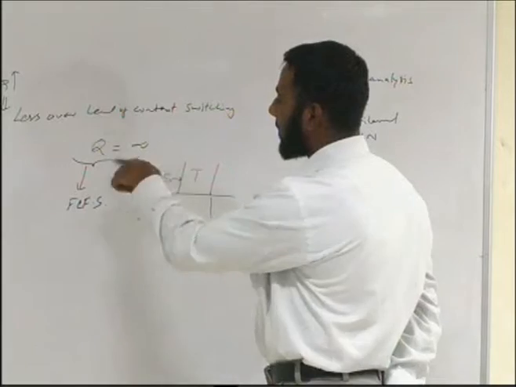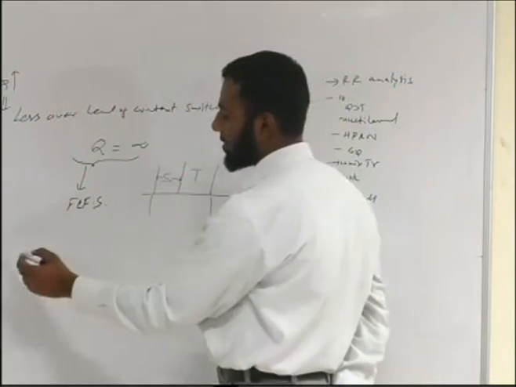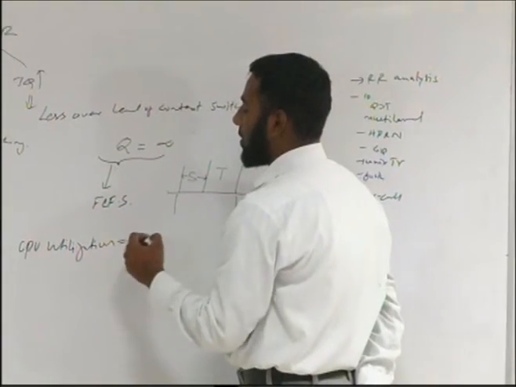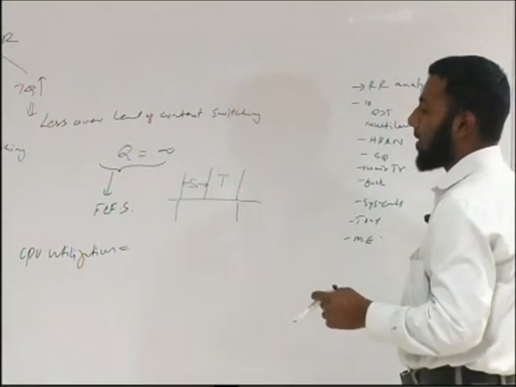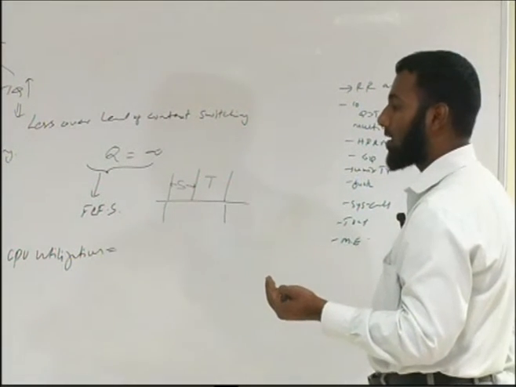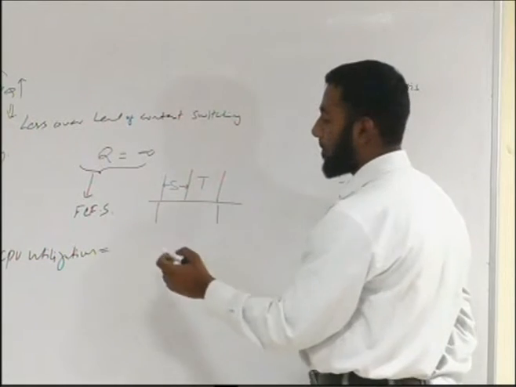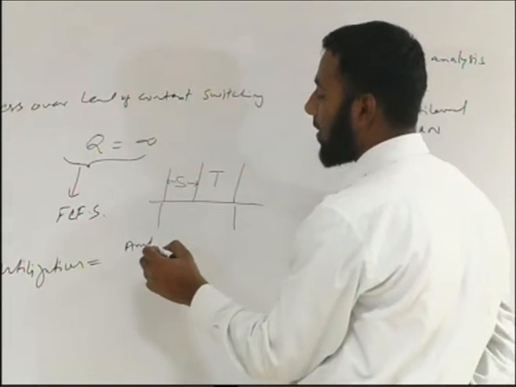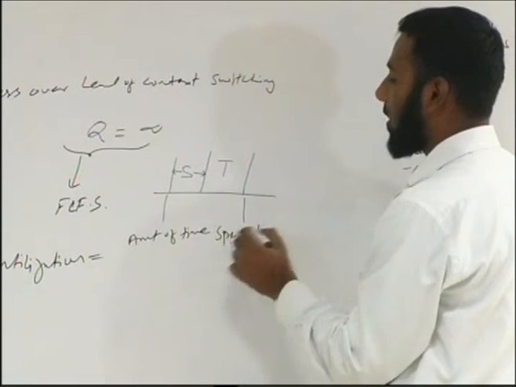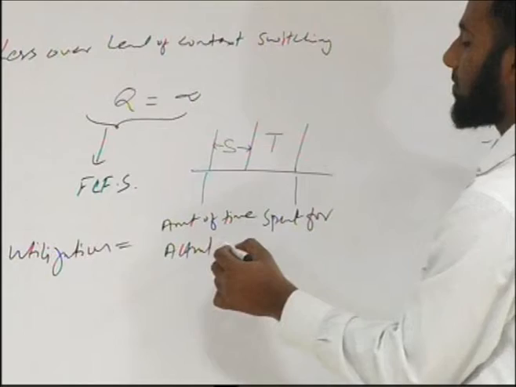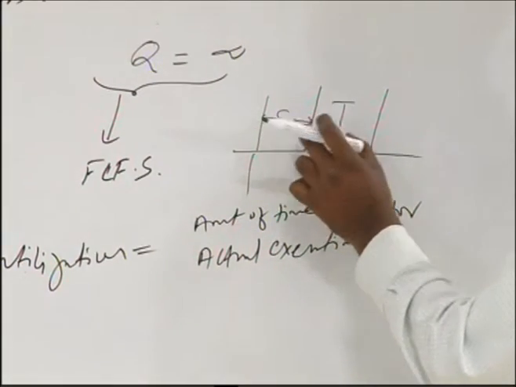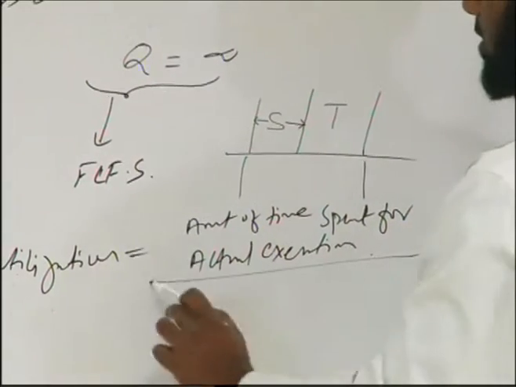Now, here we will find out for different values of q what the CPU utilization is. The CPU utilization can be found by considering how much time is actually spent in execution, the amount of time spent for actual execution, divided by the total time. Here the actual total time is s plus t, but it is actually executing for t amount of time.